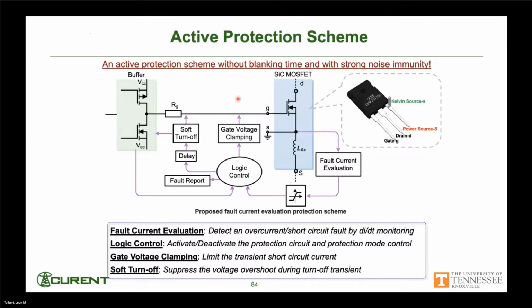What was nice about this is we did not need that blanking time. And it's actually a little bit more immune to noise than the DSAT protection scheme. But it is very similar in that you have some fault current detection, some logic associated with it. You still have that gate voltage clamping. You still have the soft turn off. So it's very similar to the DSAT, except that we're monitoring current as opposed to the voltage.